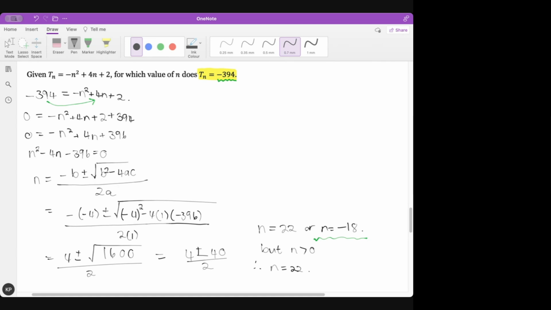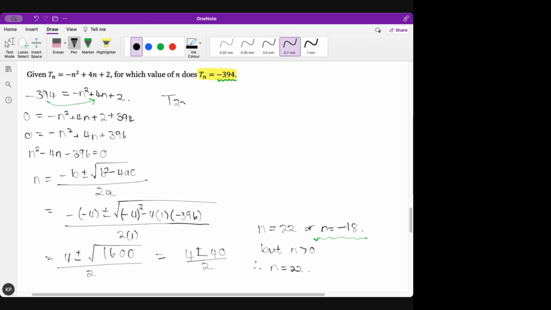You can unmute. Ma'am, I'm not sure, but when I substitute 22 into the original formula, I don't get negative 394. I get 574. Is that why Amogelang says we may need to check it? Let's check it. Okay, where's my original formula here? There.